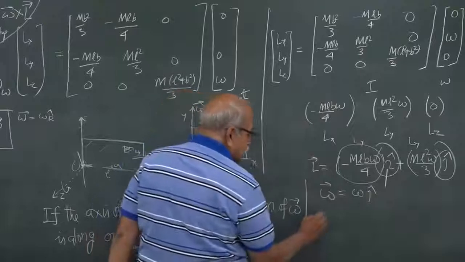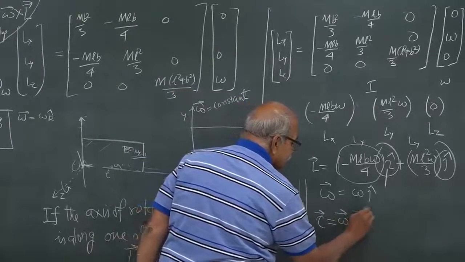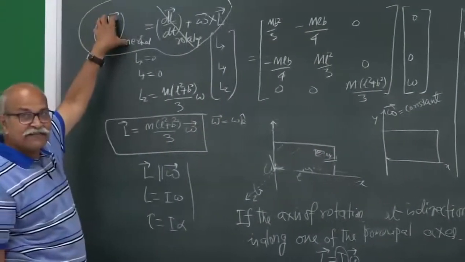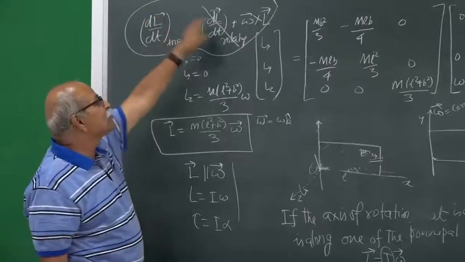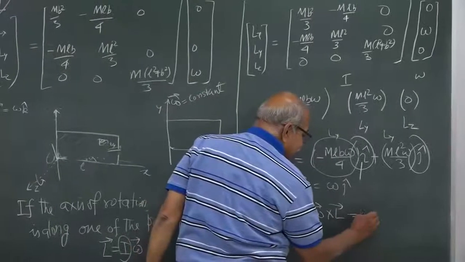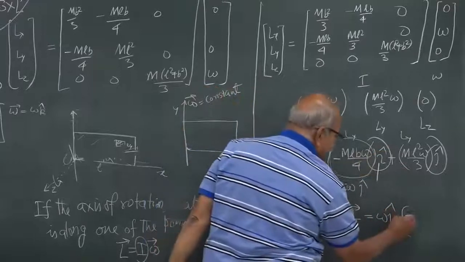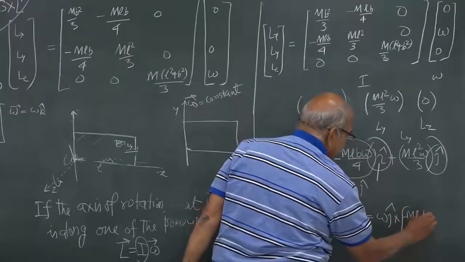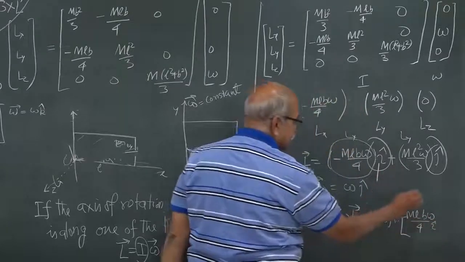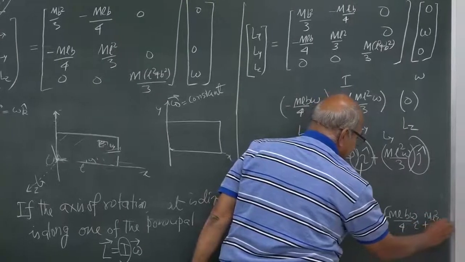Simple. Torque is equal to omega cross L, right? This is the torque in the inertial frame of reference, dL dt is torque, is equal to omega cross L, is equal to omega j cap cross L, this L here: minus m L b omega by 4 i cap plus m L square omega by 3 j cap.